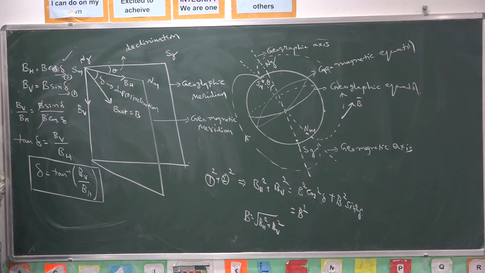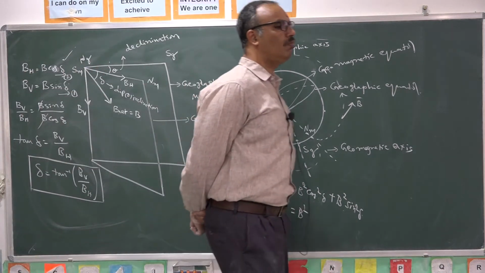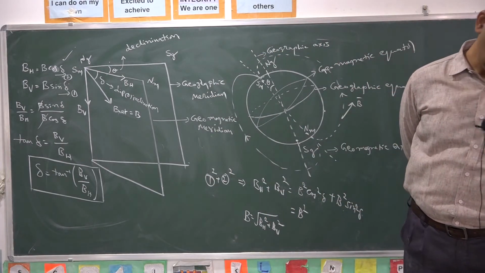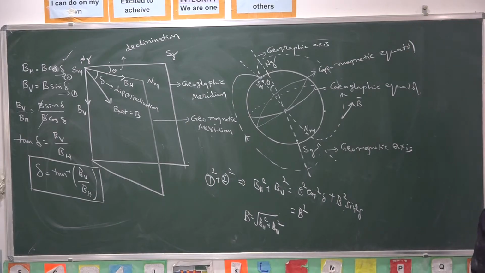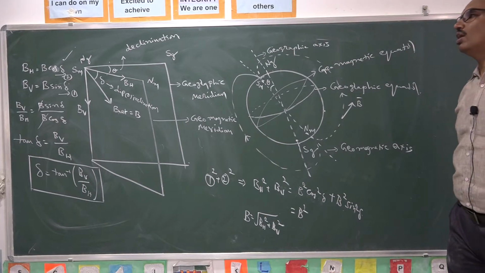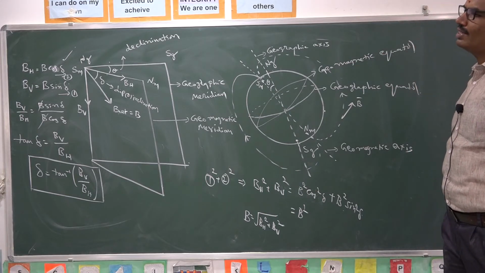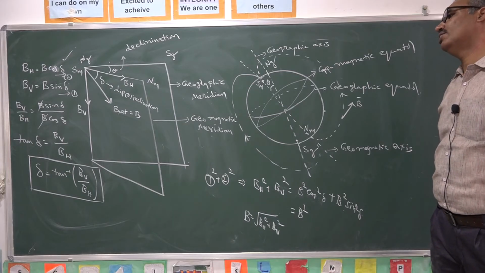The resultant magnetic field vector makes a certain angle with the geomagnetic meridian. The angle made by the resultant magnetic field with the horizontal component of Earth's magnetic field, or the geomagnetic axis, is called inclination.